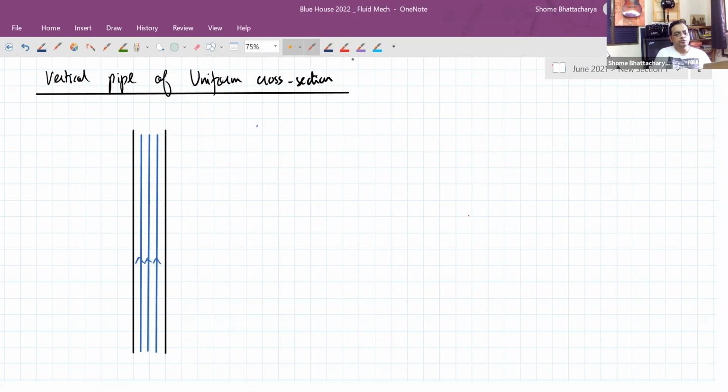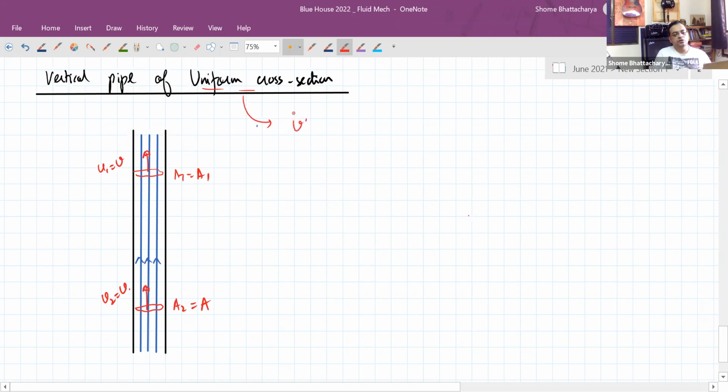So if this is a uniform cross section pipe, then if I consider any two sections, the areas must be equal. So therefore, if I consider the velocities, they must be equal. Okay. So as long as it's a uniform cross section pipe, we'll see that velocity of flow is uniform.